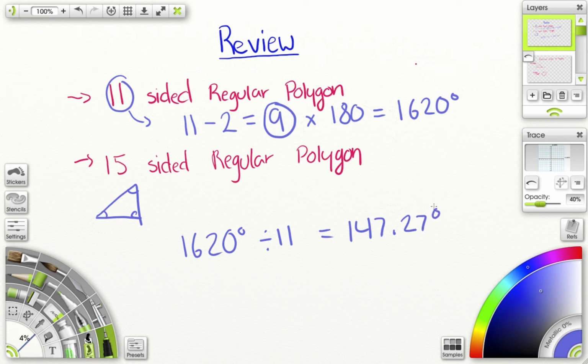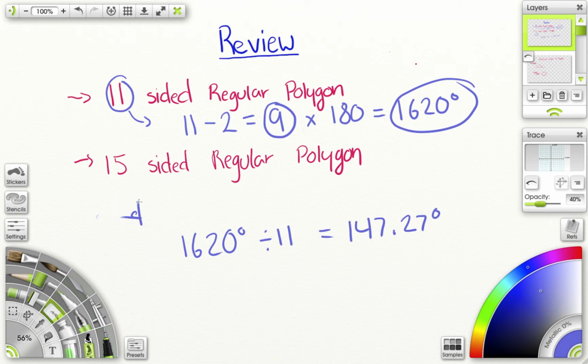So that means each individual angle is 147.27 degrees. So if I took 147.27 and I times it by the number of angles, that would equal the total, which is 1620. All right, so that's our 11-sided polygon.